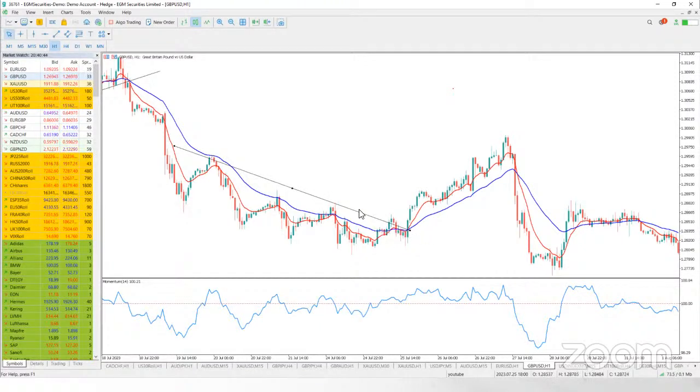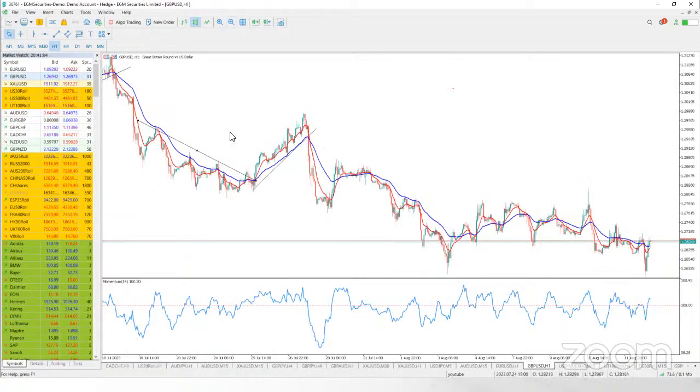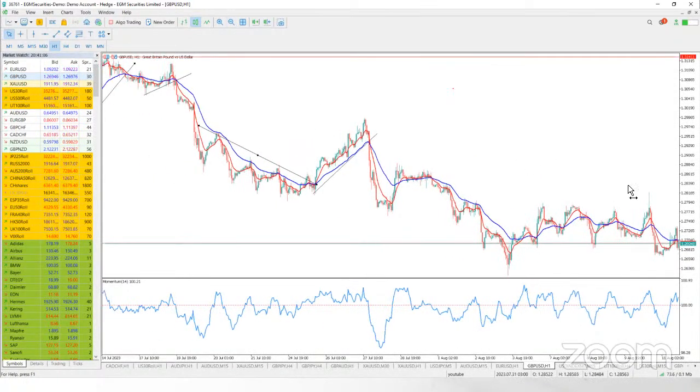Then another level here, a break to the downside, momentum to the downside, and you get it. So what you have to be careful about is if you start moving lower to smaller trends like this, because you might be playing within a bigger downward trend, like you can see here.